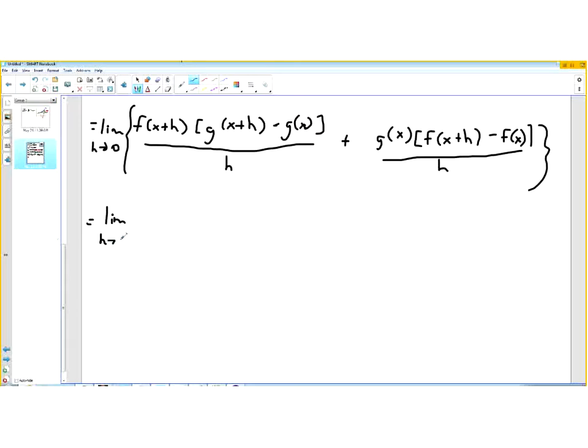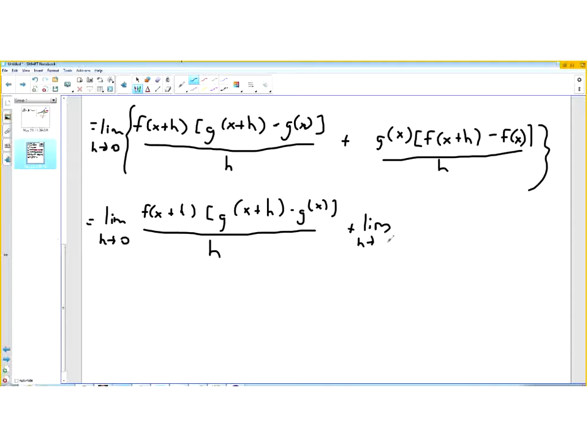So this would be the limit as h approaches 0 of f of x plus h times g of x plus h minus g of x, divided by h, plus the limit as h approaches 0 of g of x times f of x plus h minus f of x, divided by h. All right, so now, again, apply the limit laws.